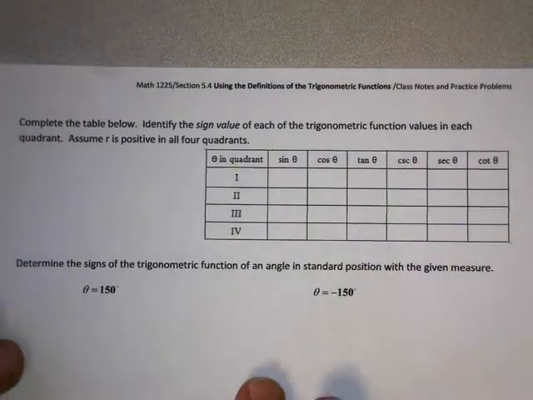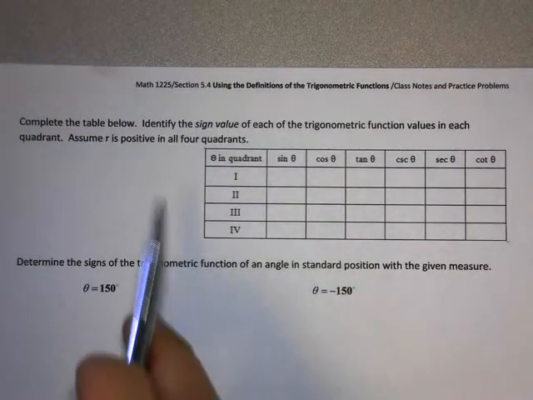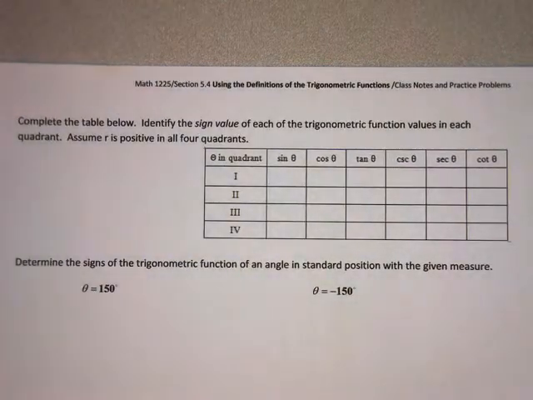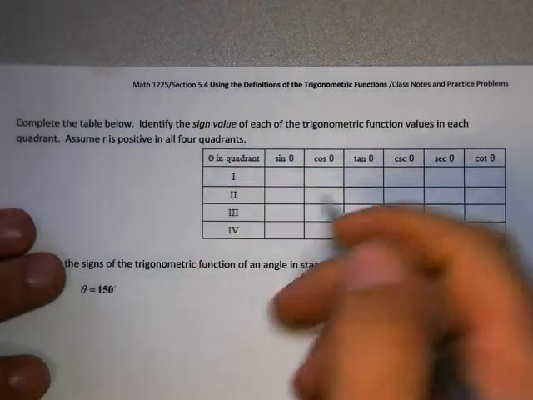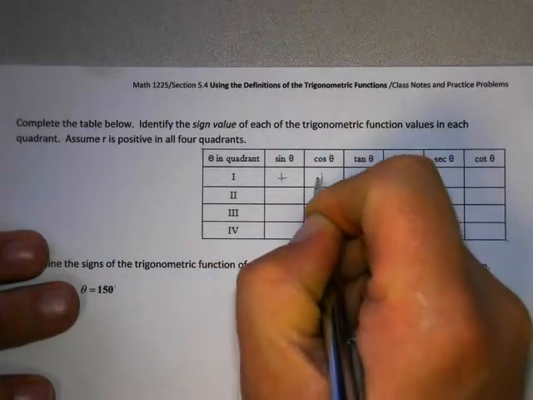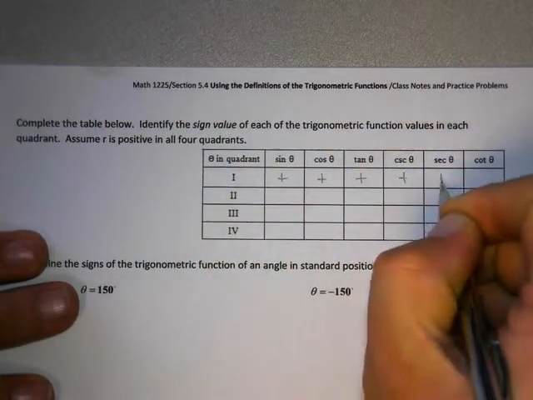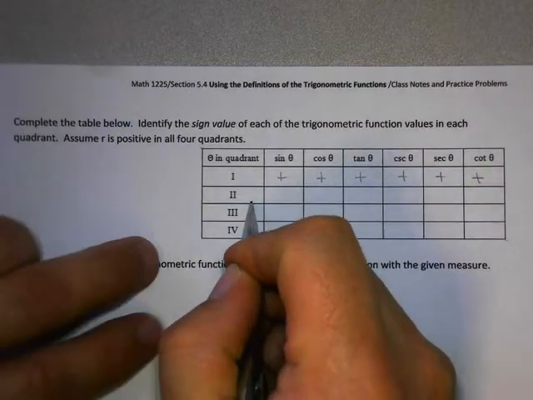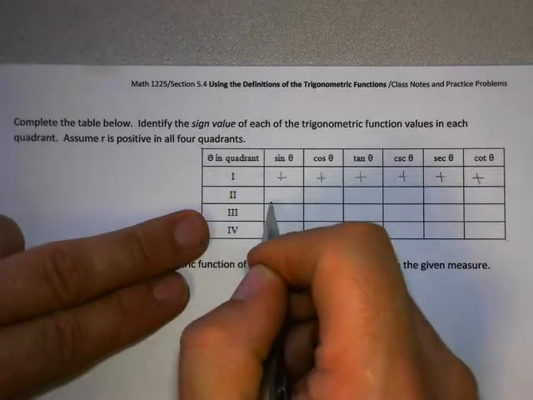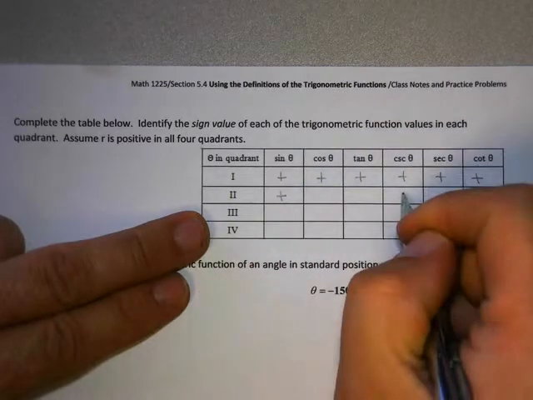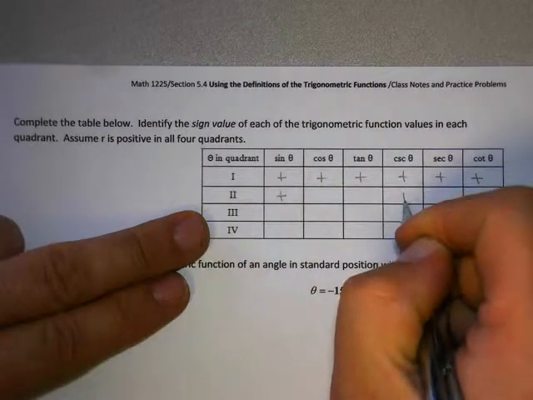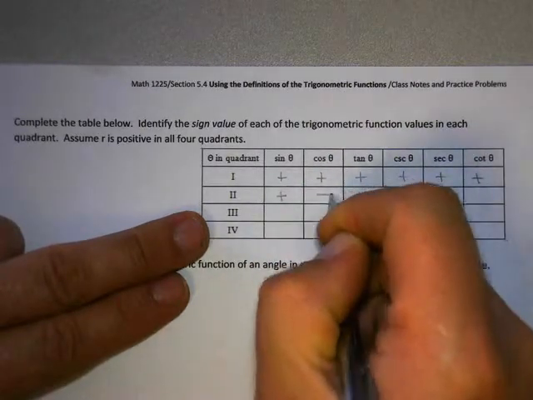So now if we're looking at the signs in the first quadrant, all are positive. In the second quadrant, remember your sine is going to be positive and its reciprocal, cosecant's positive, which means the other ones are negative.